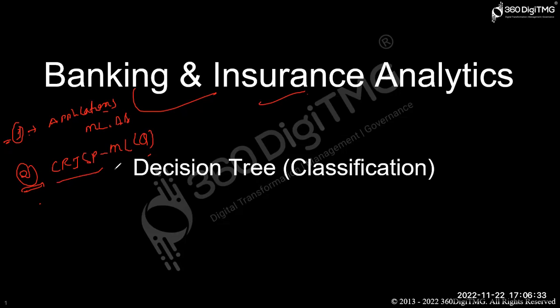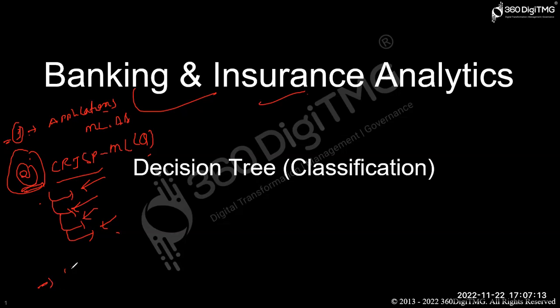That is the CRISP-ML(Q) methodology that we understood, what the phases in that are, how those phases work, and what exactly we will be doing in each and every phase. So all these things we saw on the second day of the session.